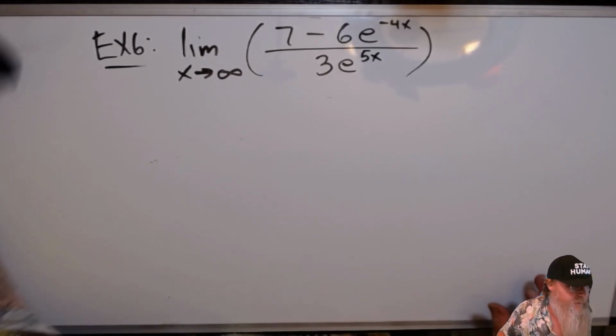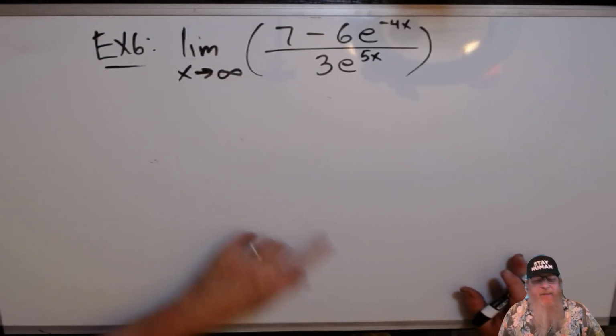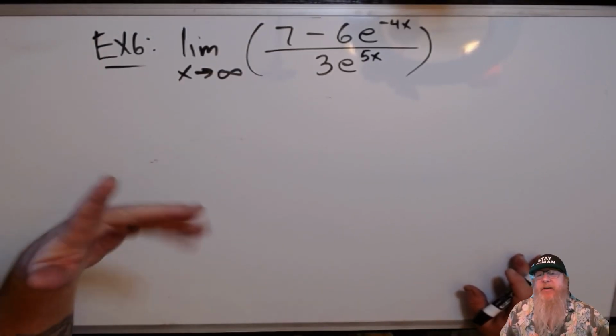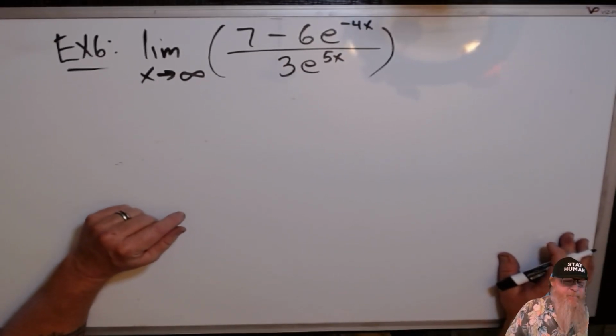Now this problem takes up a lot of board space, so I'm just going to do one of them, and then I'll do the negative infinity on a clean board here. So this might take some time here.